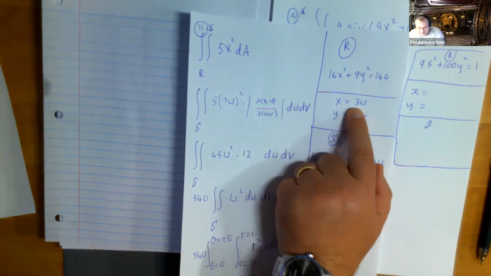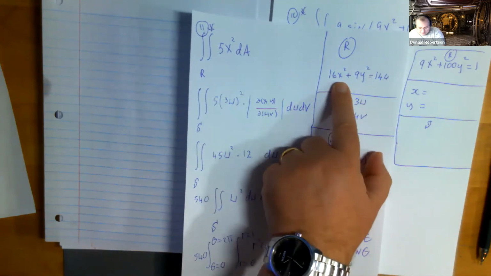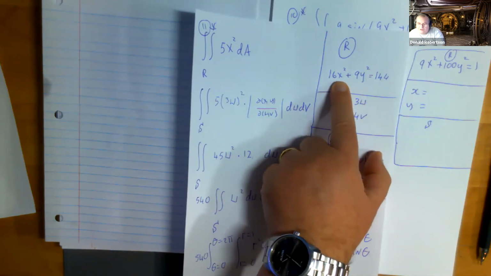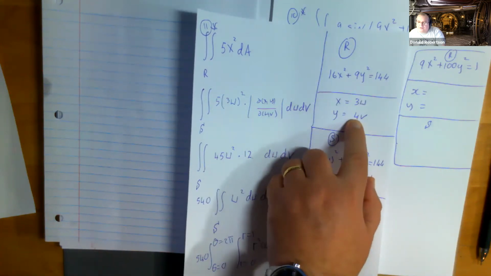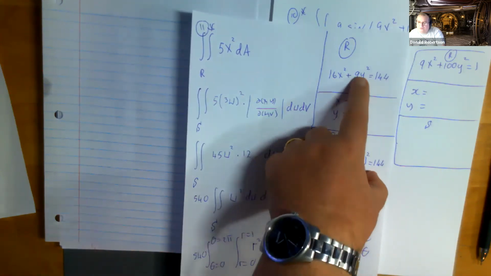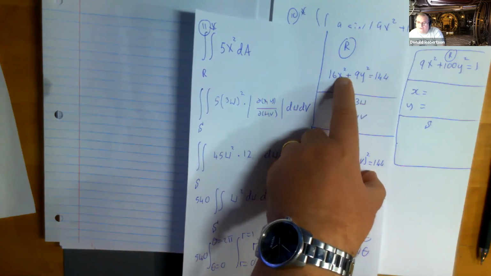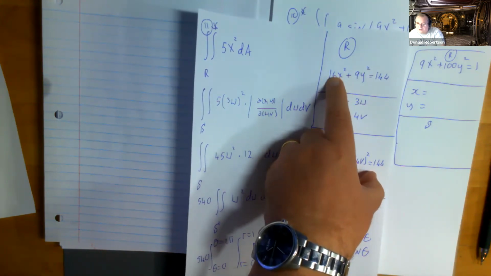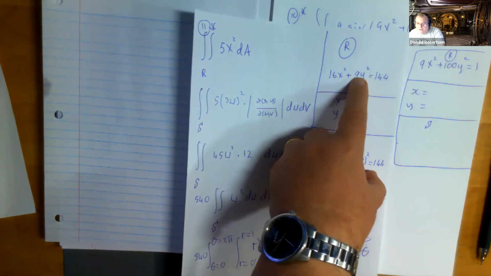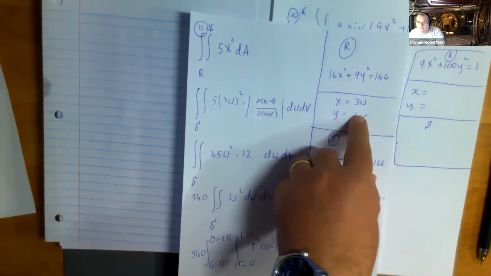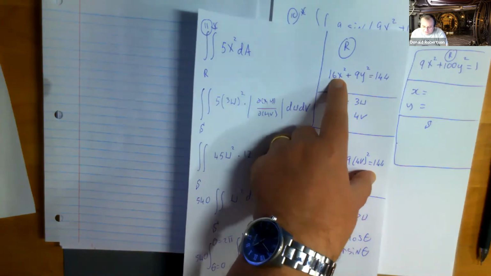Now, do you notice that the x was 3u? But when you look at the x squared, there isn't anything with a 3 and it isn't the 3 squared over here. On the other hand, y is 4v. Well, if I look at the y, there isn't a 4, isn't the 4 over here? So what I'm noticing is that this guy here matches with the y's, and the y's match with the x's.